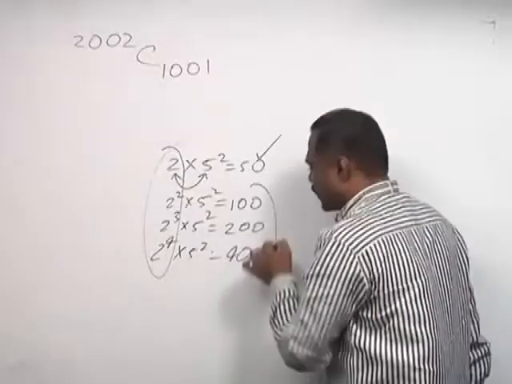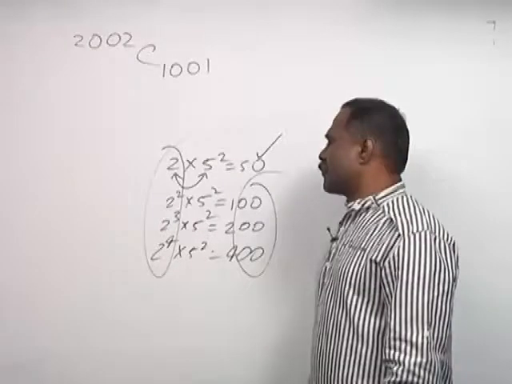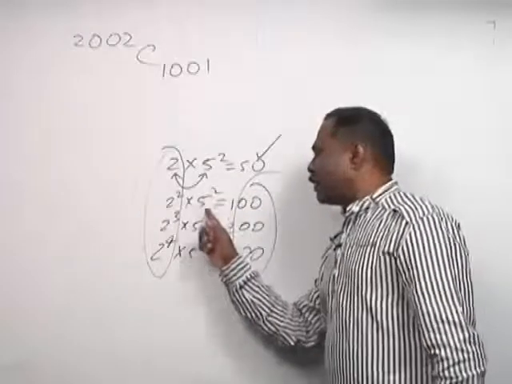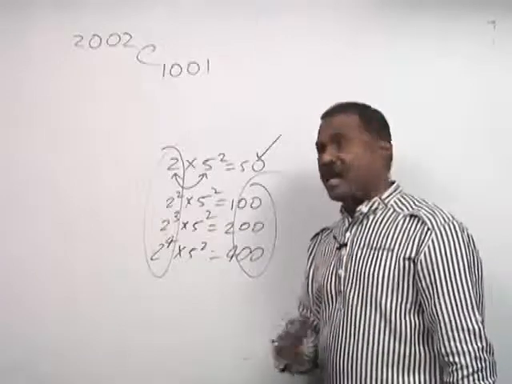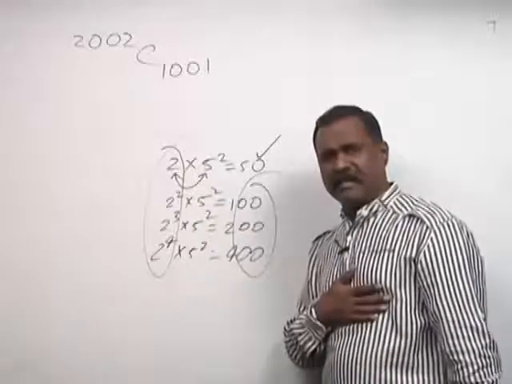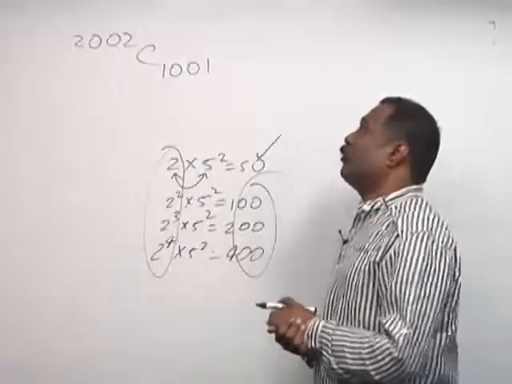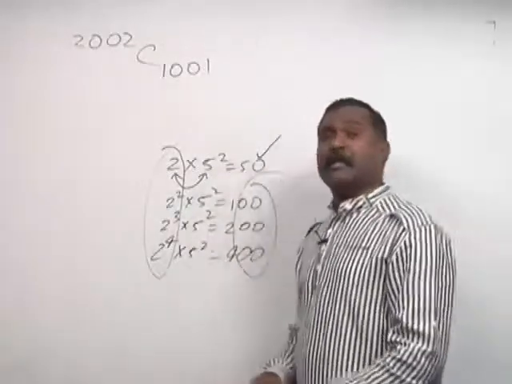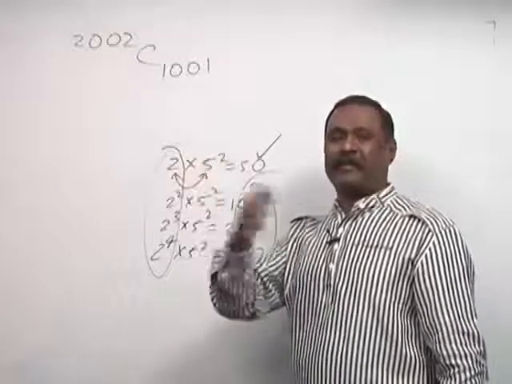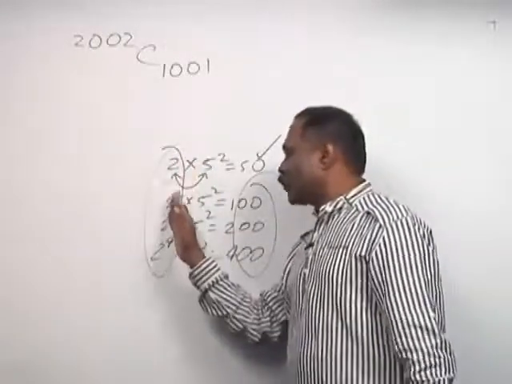The number of zeros will never exceed the power of 5. Whatever the power of 2 is, you have to take the power of 5 only. So the number of zeros depends on the power of 5, even though the power of 2 is higher.